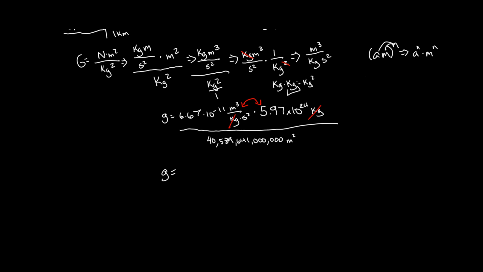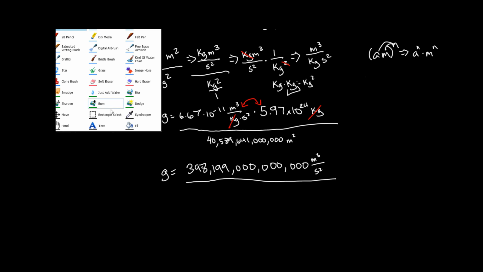So now we're going to get 3,398,199,000,000,000. And that's going to be in the form of meters cubed over seconds squared, divided by our really long number here. We're just going to actually select that and copy it and paste it.